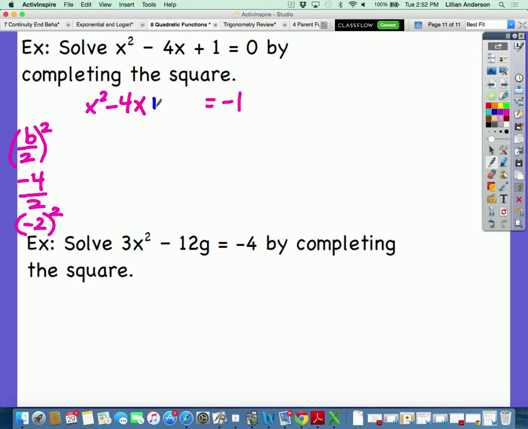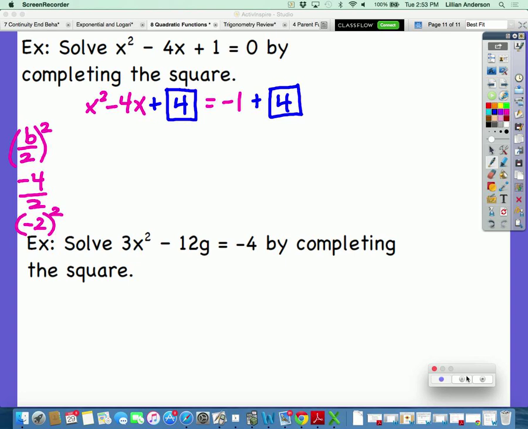And that number is what you add to both sides of the equal sign. That's the completing the square part. So on the right side, what's negative 1 plus 4? 3.